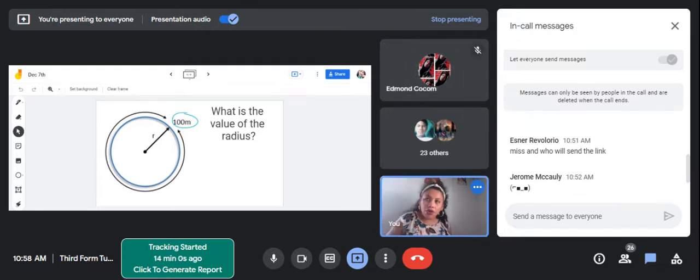So I need to see which formula has radius but also has circumference. And it is this formula. So I'm just going to substitute what I know into this formula. I am looking for the radius. I know that the circumference is 100. That is divided by 2. And I know that pi is 3.142. What is going to be your answer for this question? You have your calculators. Use your calculators.